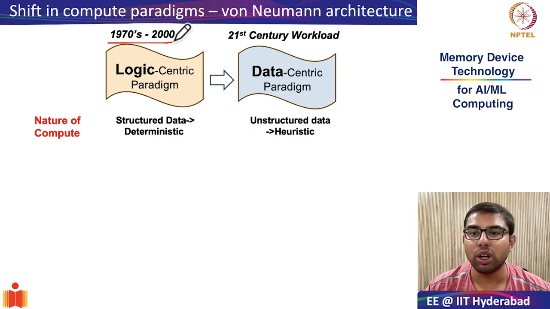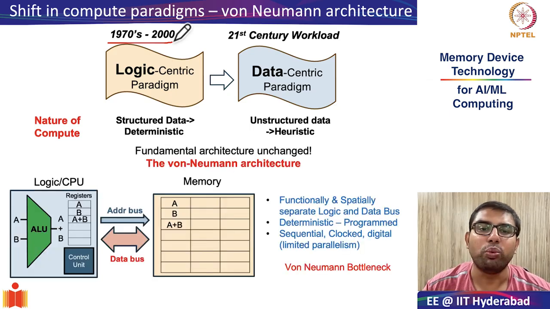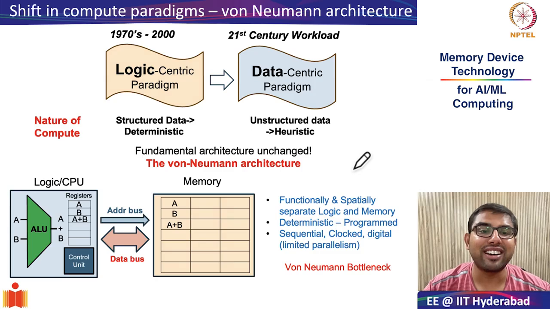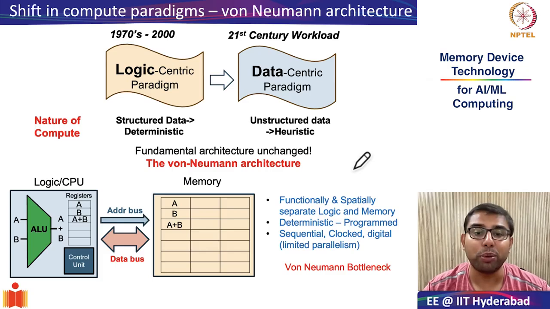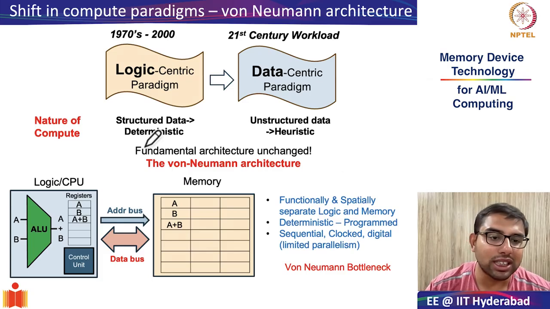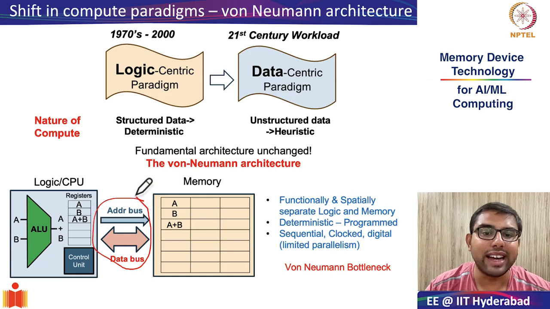However, we also noticed that although the compute paradigm has changed drastically, the hardware architecture on which these algorithms run has not, and that gave us the opportunity to look at the von Neumann architecture, with its spatially and functionally separate logic and memory units connected by the data bus.